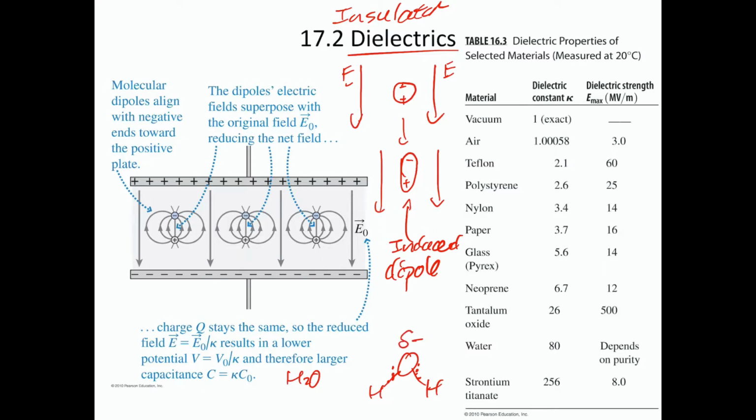Therefore, this is delta negative, and this is delta positive, delta positive. So the water itself is a permanent dipole. And I said before, this is an important property because the permanent dipole gives water very interesting physical and chemical properties. And from there, it also makes life possible.